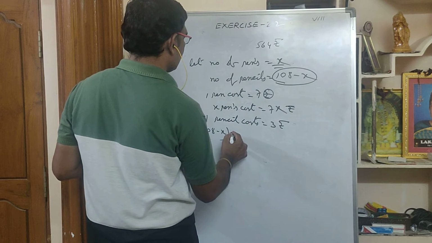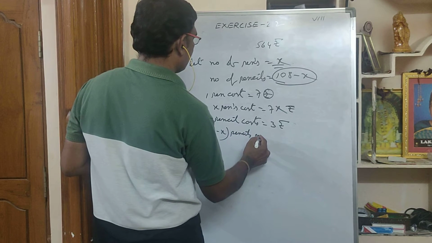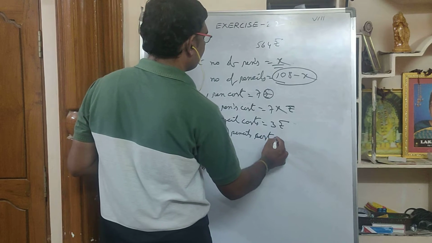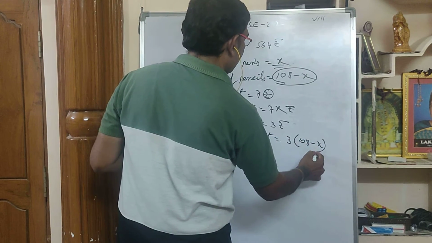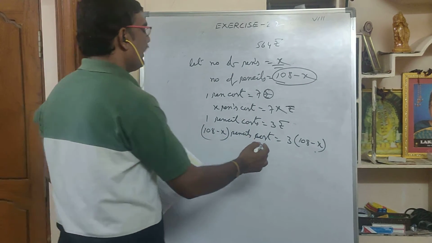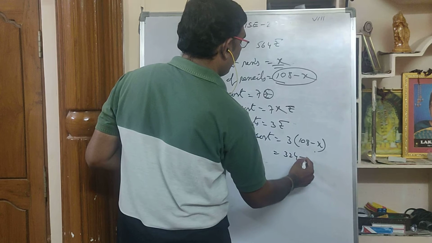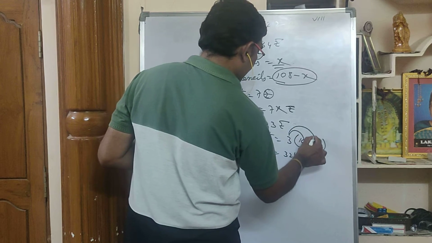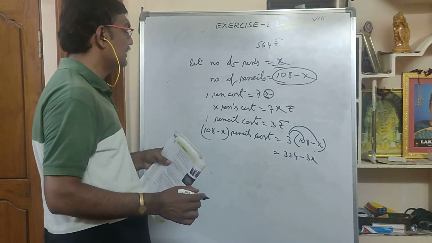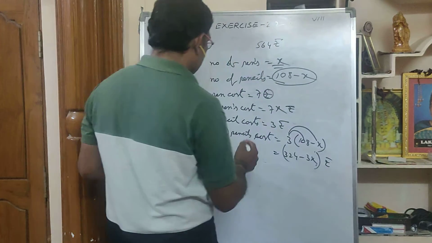The cost of the pencils is 3 into (108 minus x). If you simplify, 3 into 108 is 324, minus 3x, because along with the 3 times 108, the x also has to be multiplied by 3. This many rupees he spent on pencils.